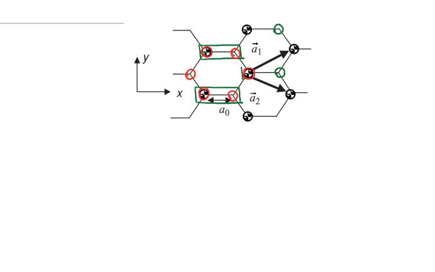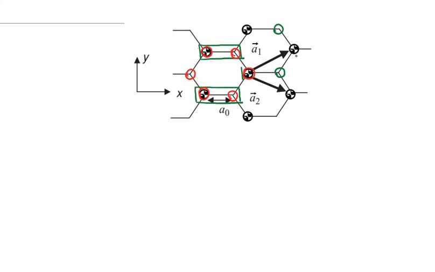So if we start from here and move by the vector a1, we would basically reach this position. If we start from here and move by the vector a2, we will reach this position over here. Okay, now what is a1 and a2?